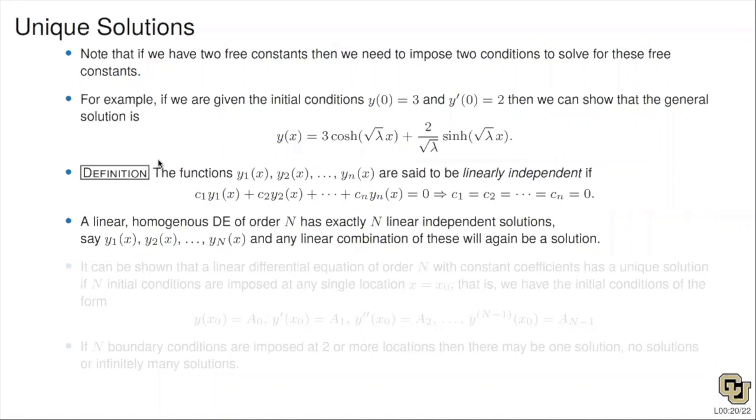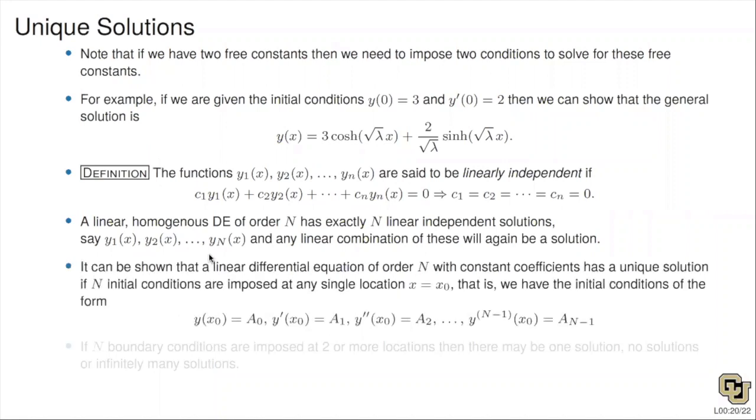When we're solving PDEs, we won't have n solutions, we'll have infinitely many solutions, and a linear combination of those will give us our Fourier series. And if we have an order n differential equation, then we need n pieces of information, n initial conditions, to find the n unknown free constants that come as baggage with this nth order differential equation.